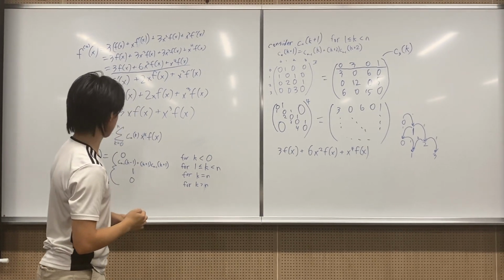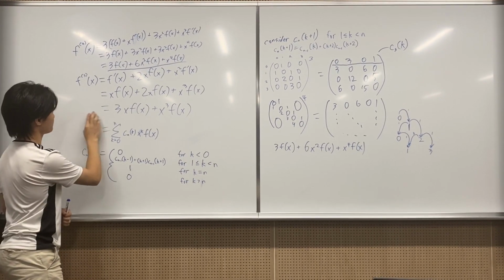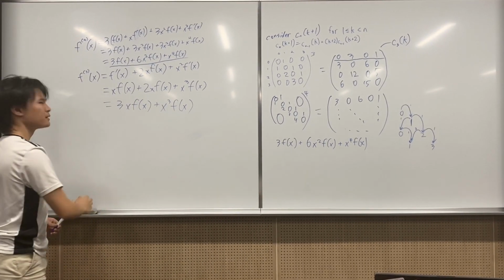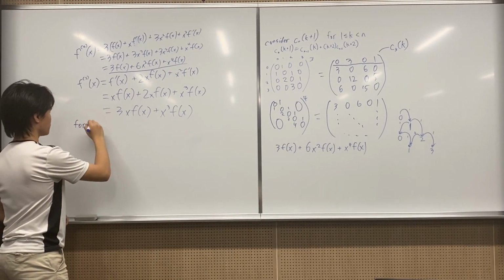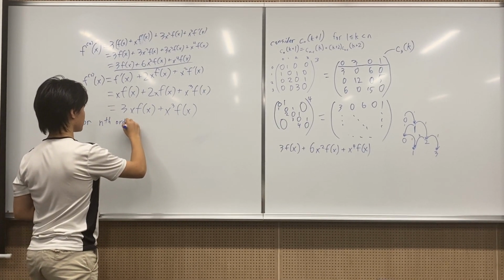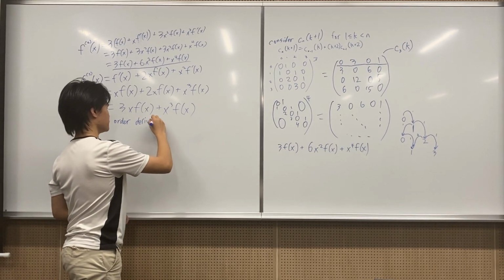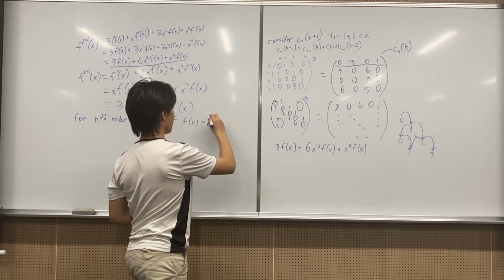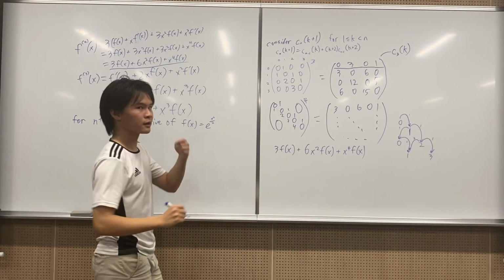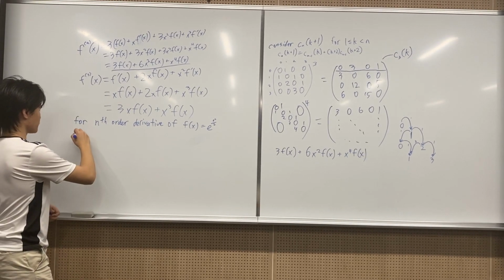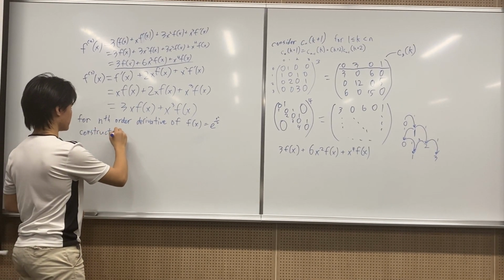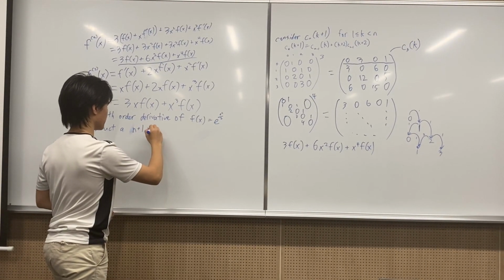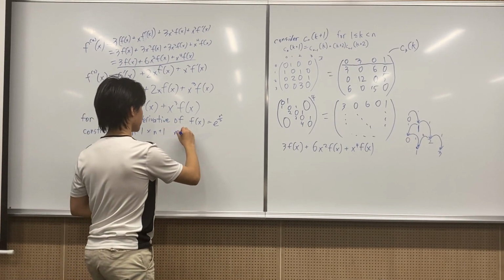So we can say, back to this board, that for the nth order derivative of f of x equals e to the x squared over 2, we can construct an n plus 1 by n plus 1 matrix.